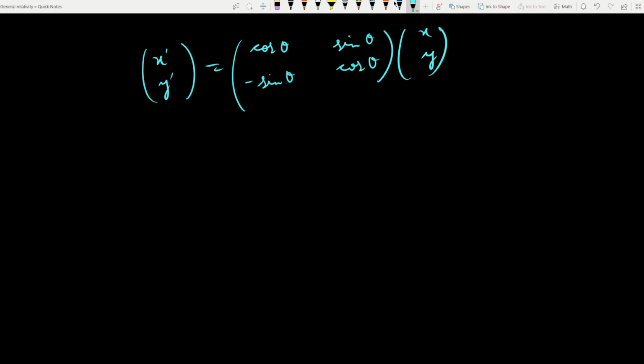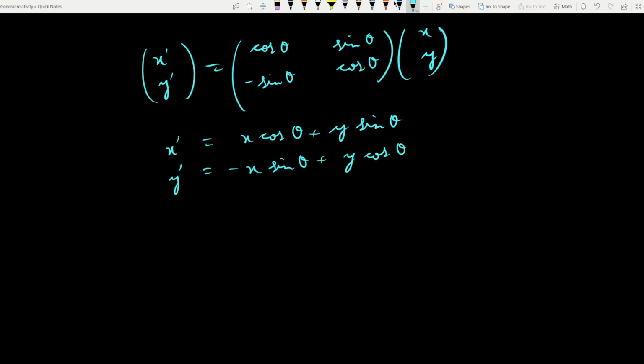Now we can simplify this and write equations of x primed and y primed as x cosine theta plus y sine theta, and minus x sine theta plus y cosine theta.